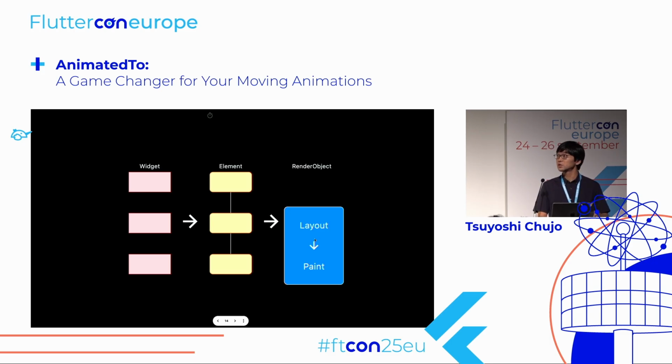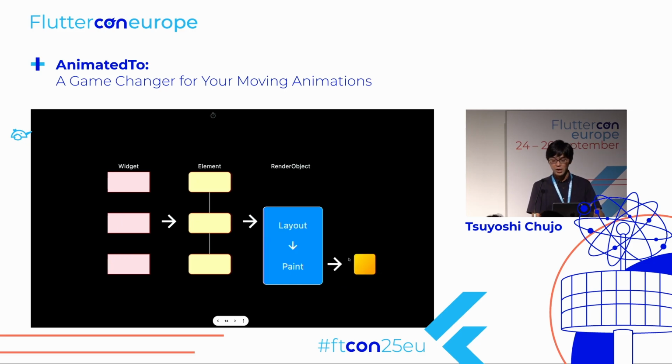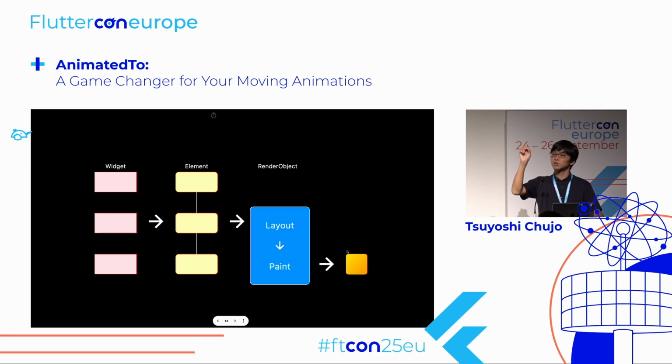Actually, the RenderObject does some other work like hit testing or semantics, but we will focus on layout and painting in this session. After the layout is calculated and the paint is done, the Flutter engine will draw the picture of the widget. Then the user can see the result of the painting.